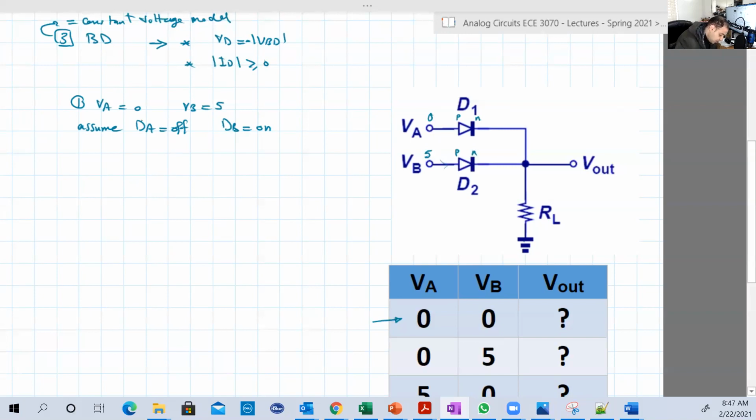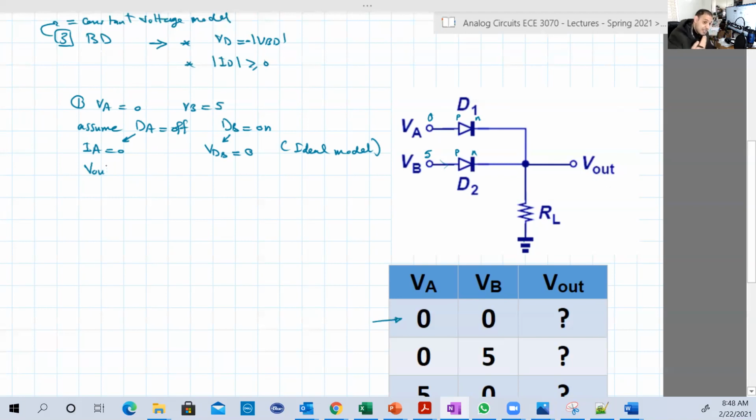So let's see. When we assume DA is off, then the current IA is 0. And when we assume DB is on, then VDB is equal to 0. Remember, this is the ideal model. So V out, the voltage here, let's do it in another way.